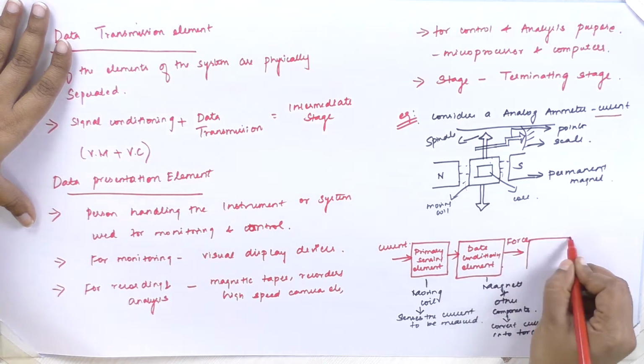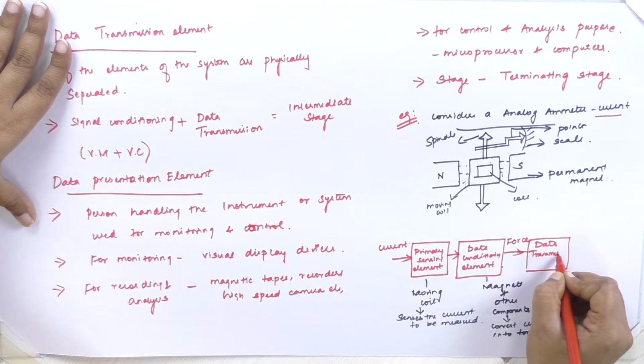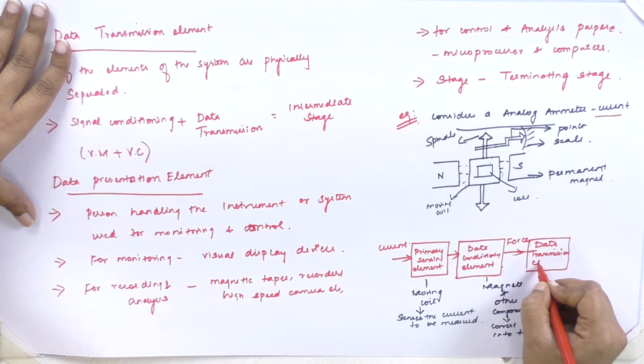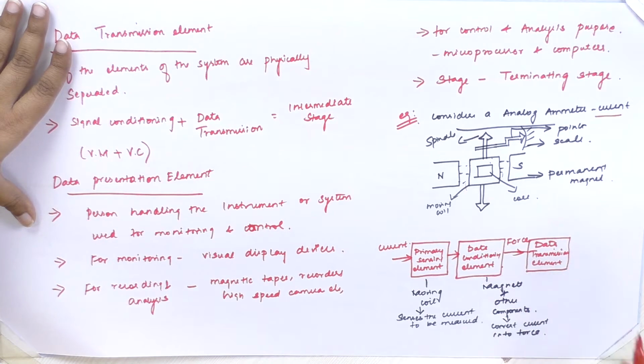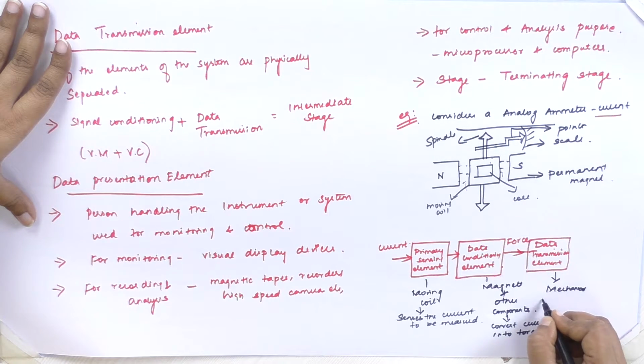So, the next element will be the data transmission element. Here, the data transmission element will be the mechanical linkage with pointer.